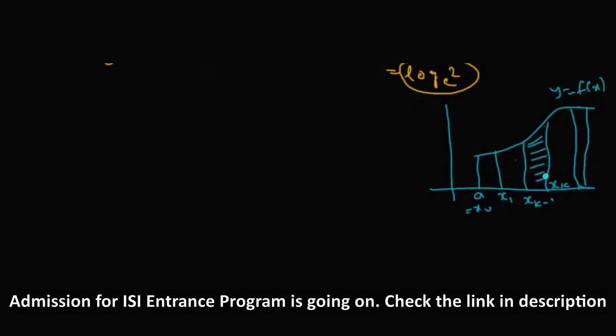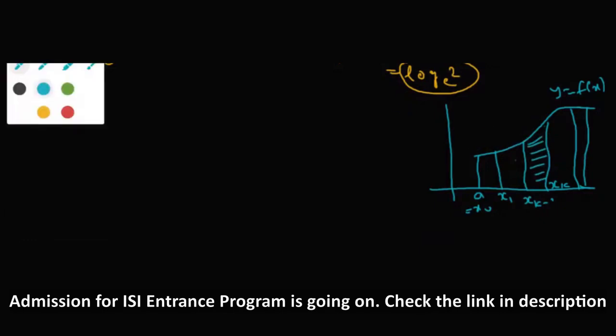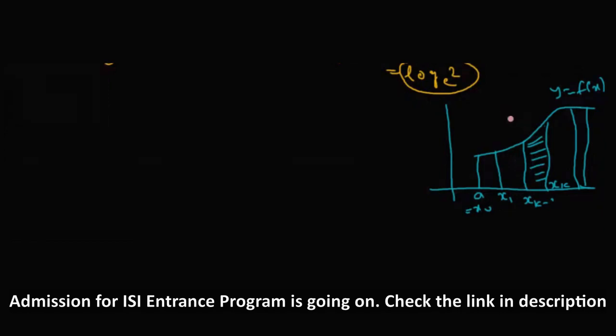And what the Riemann sum says is that the summation, the total area of the upper area of the rectangles. I mean, whatever the maximum value that this rectangle can take.